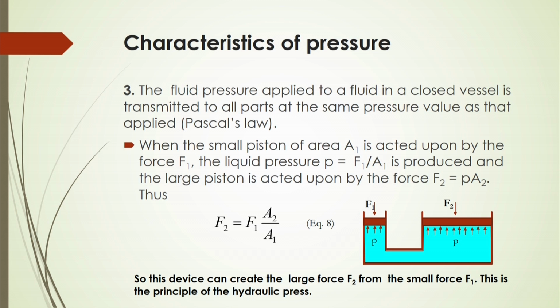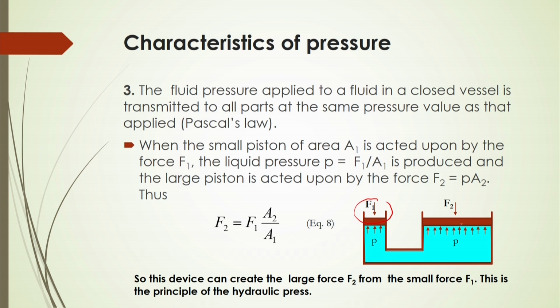So, when the small piston of area A1 is acted upon by the force F1 here, the liquid pressure P will be F1 by A1, that means force per unit area.